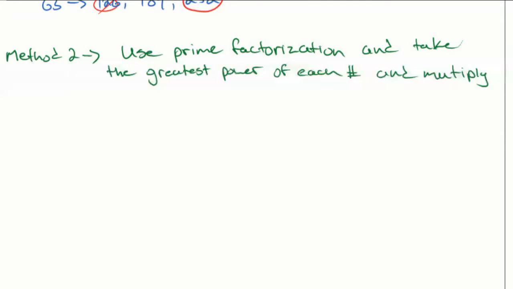My three numbers. I had 28, I have 42, and I have 63. I'm going to take factor trees for all of these things. So this is where you get to test your math skills and how good you are at multiplying in your head, breaking these things down. 28, it's going to be 4 and 7, and 4 is 2 and 2.